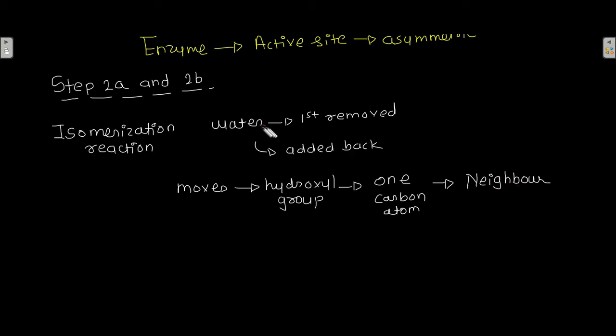Why? Because water is first removed and then added back. This is what happens in the isomerization reaction of step 2 of the Krebs cycle: a hydroxyl group is moved from one carbon atom to its neighbor.